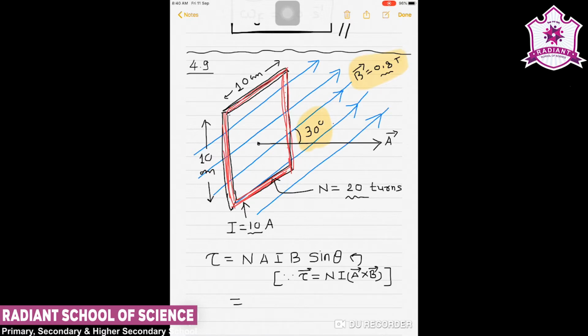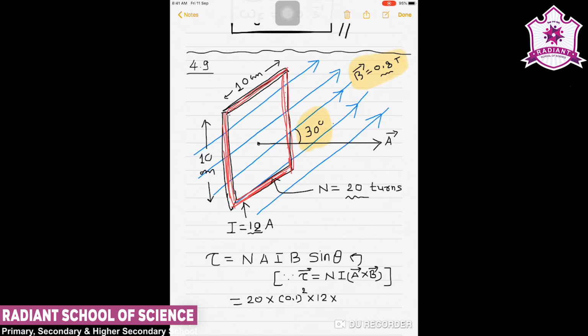We are provided all the terms. There are 20 turns. The area for a square loop is 10 centimeter into 10 centimeter; converting into meter, we get 0.1 into 0.1, that is 0.01 square meter. Current I is 12 ampere.